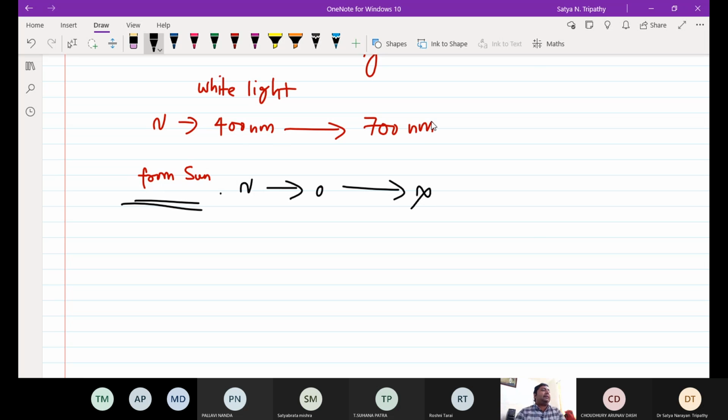What I'm trying to say is, individual wave means this: in white light you have red. The velocity of red is basically called a phase velocity. The individual component is called phase velocity. Now, what will happen when different frequencies travel in a medium?